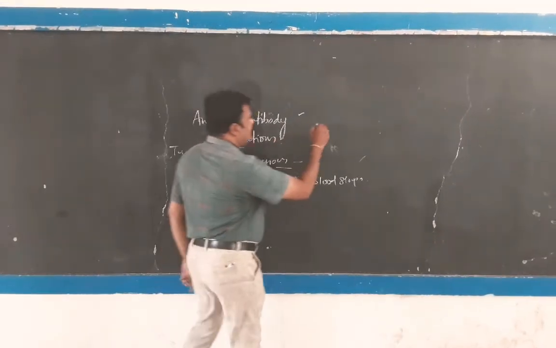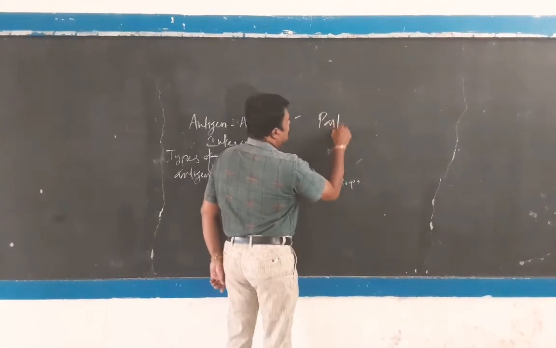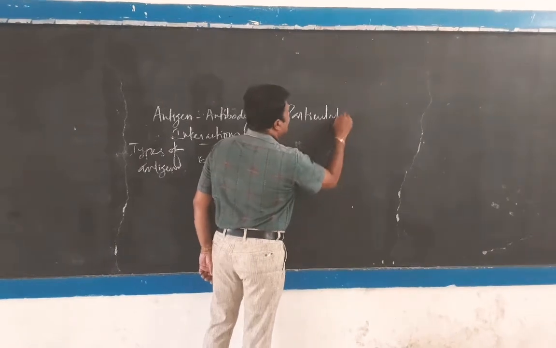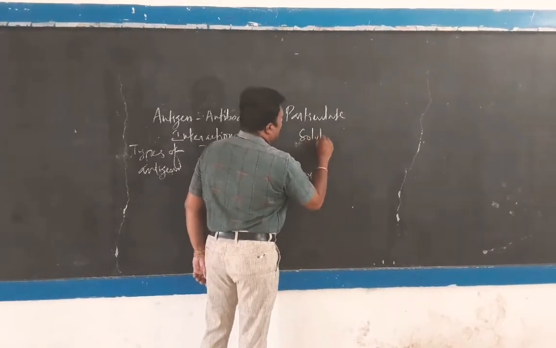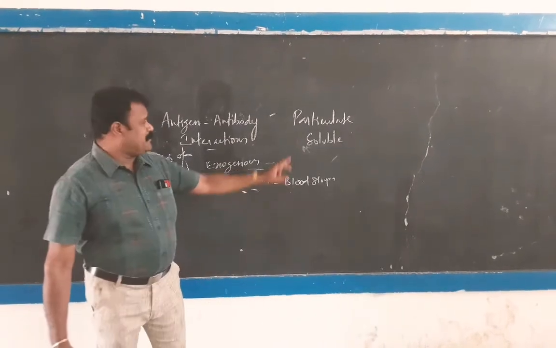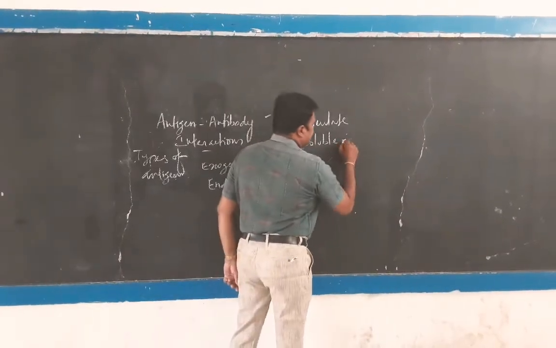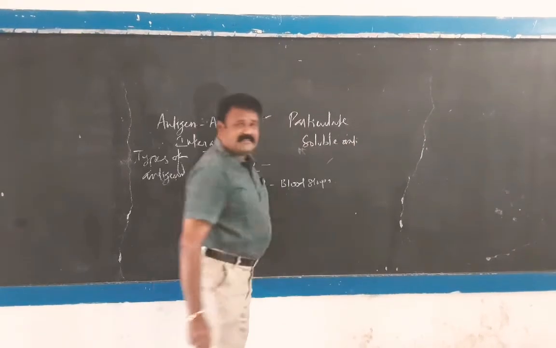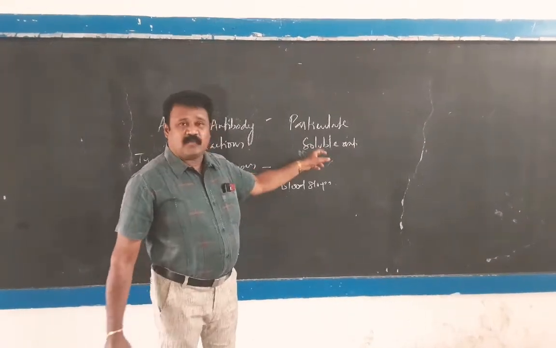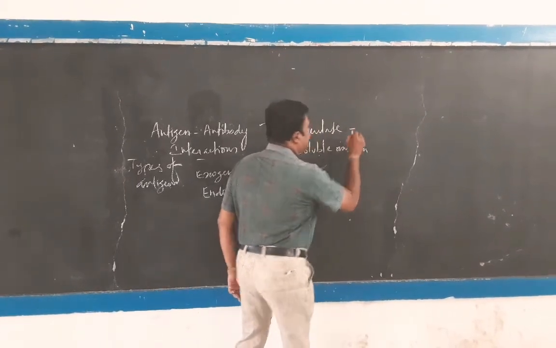Then apart from that, antigens are particulate and soluble. If an antigen is a substance which is capable of dissolving, it is called a soluble antigen. It may be a food or whatever it is, it is called a soluble antigen.